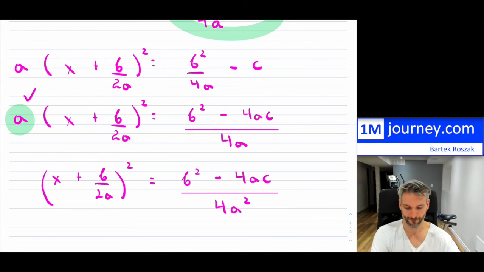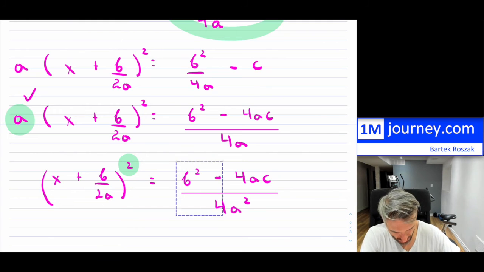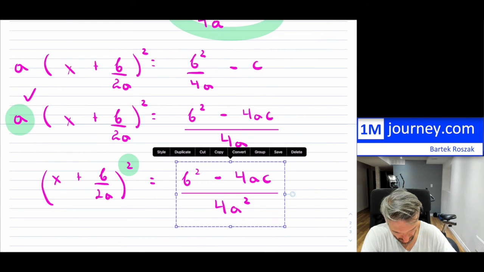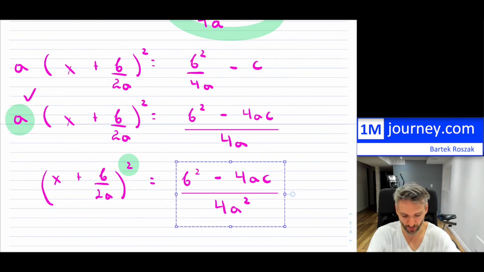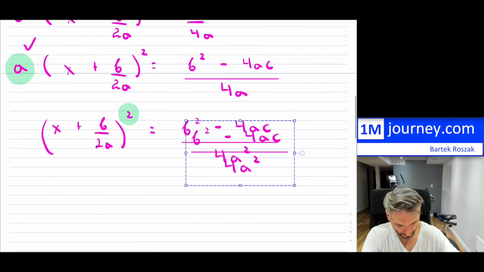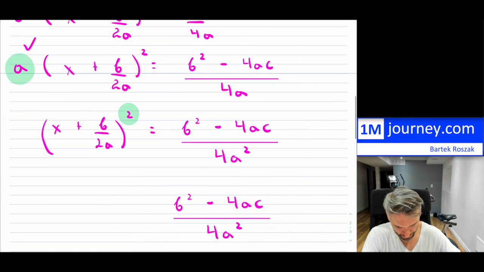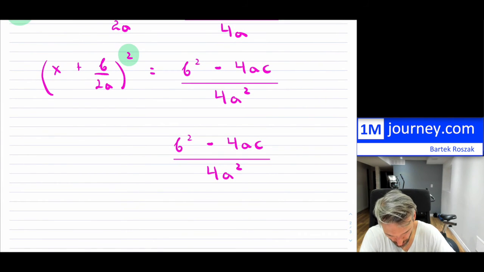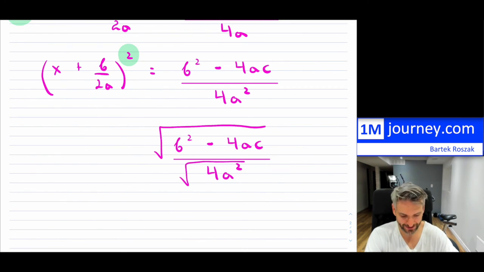Now, taking the square root of both sides, because I don't want to have that square there, the square root of this entire thing is the square root of this and the square root of that.